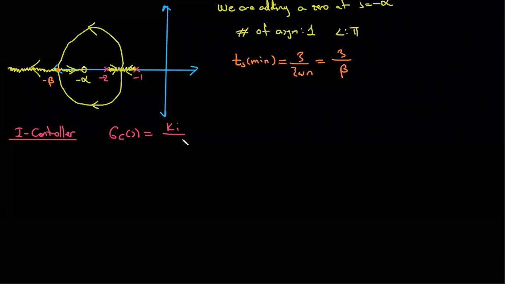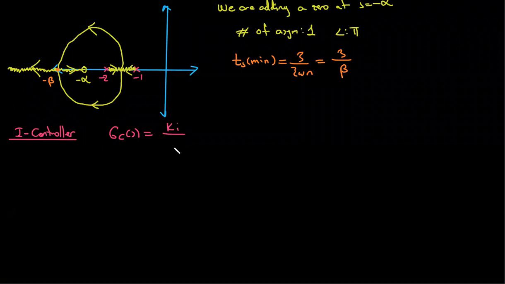So if I have an integral controller, the control transfer function will be simply equal to Ki over S. And then the open loop transfer function that we'll be dealing with will be simply equal to Ki over S times S plus 1 times S plus 2, right?